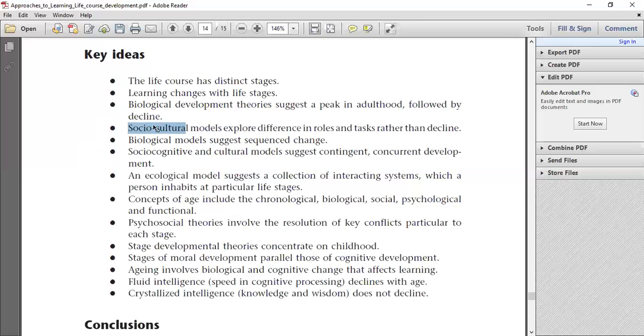So when we look at socio-cultural development, we are not looking at me growing physically, where people can see me increasing in height, or the length of the different limbs in my body increasing. It doesn't look at growth or development in that way.